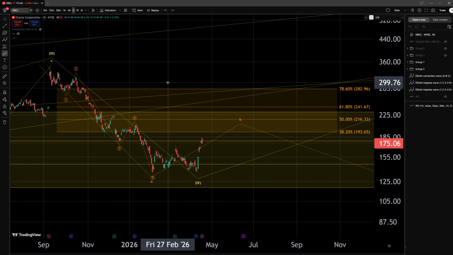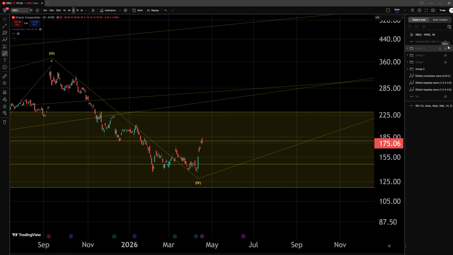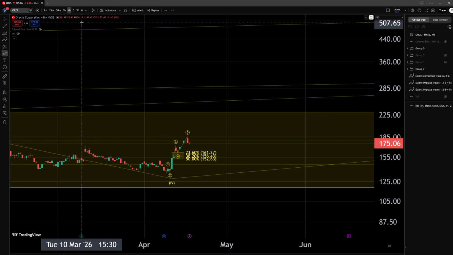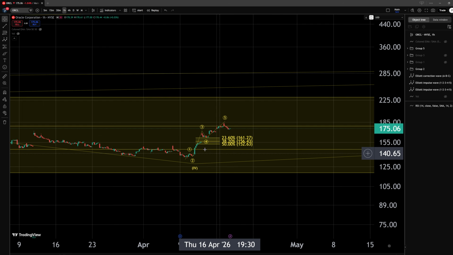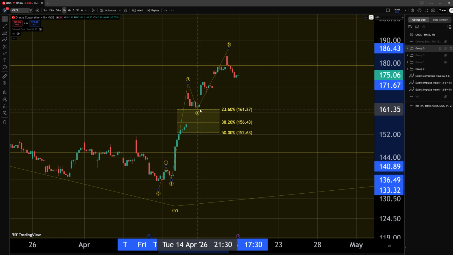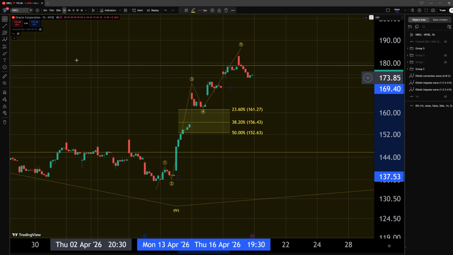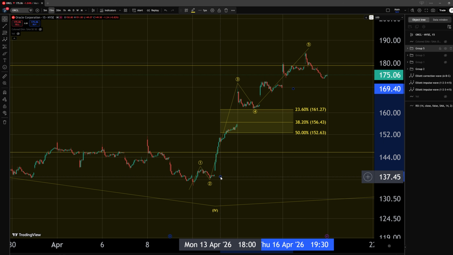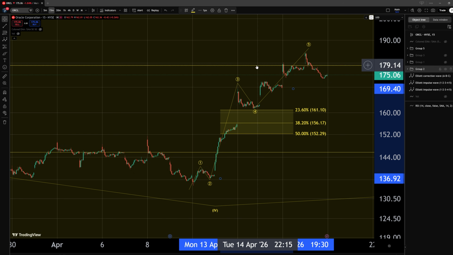Now, regardless of the larger structure, I am tracking the same pattern in the smaller time frame. And most recently, in the previous video, we provided this idea of a potential 5-wave move to the upside. We provided this support zone for a wave 4. Actually, this was a tiny bit extended lower, and we haven't reached it.